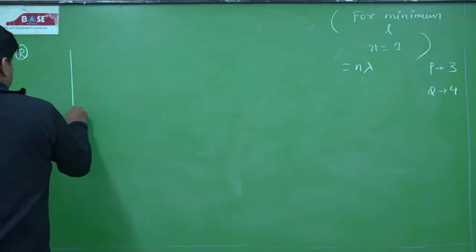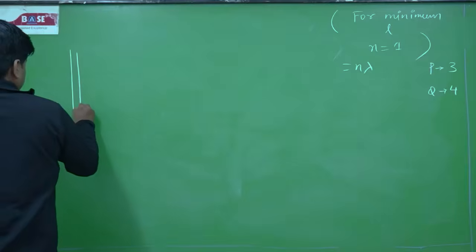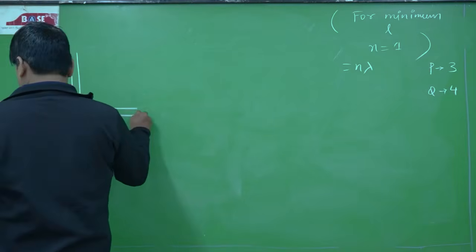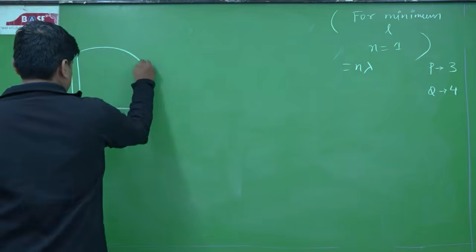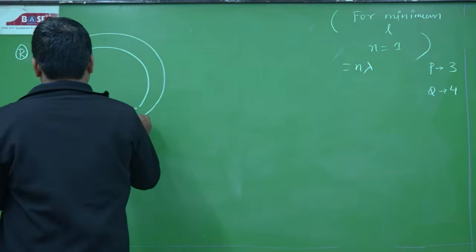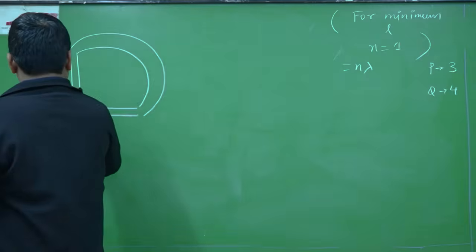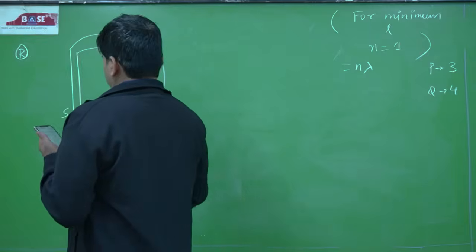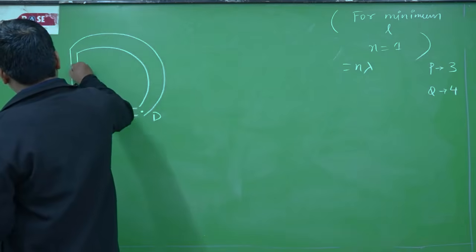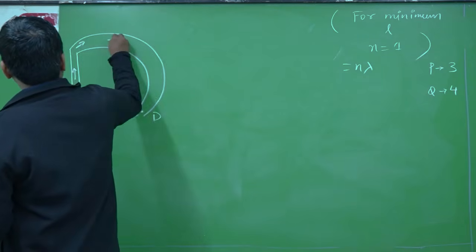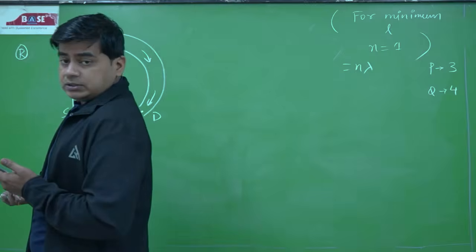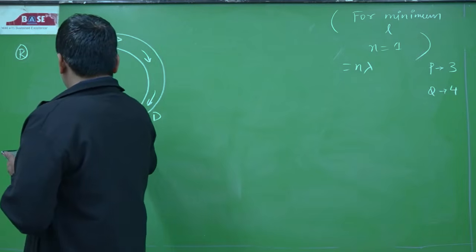So in R, the arrangement looks like this. Source is here and receiver is here. So here in path number 1, the wave will go like this, and in the alternate path the wave will go straight like this.